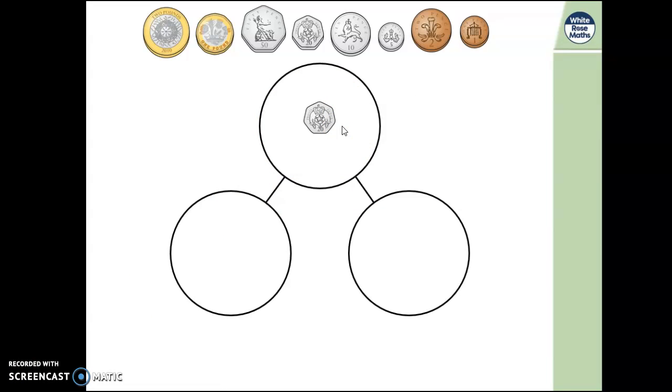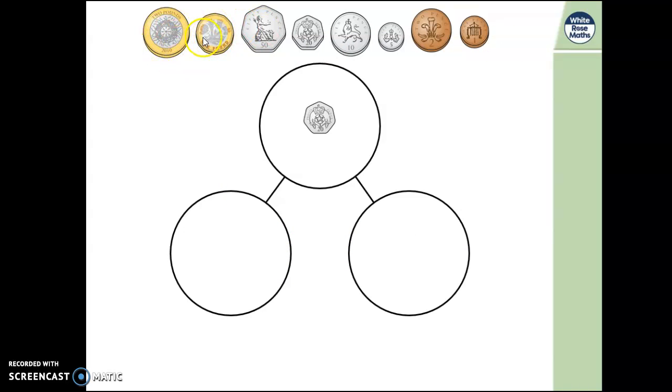So here we have 20p. Now we've got the part whole model. If we want to use 2 coins to make 20p, normally when we use the part whole model, we split it into tens and ones. But because we want to use 2 different coins, we need to think, right, what 2 coins can we use to make 20p? So we've got all the coins available here.